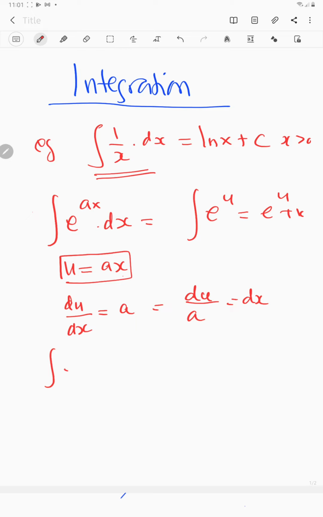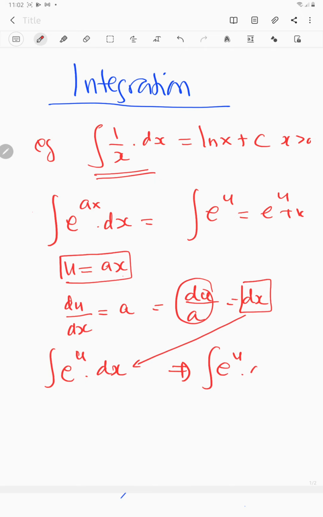So the integral can be e to the power u multiplied by dx. When dx in this case is equal to du over a, this implies that I can have e to the power u multiplied by du, with 1 over a as a constant. That's why I'm taking it out. So in that case, you can integrate that.